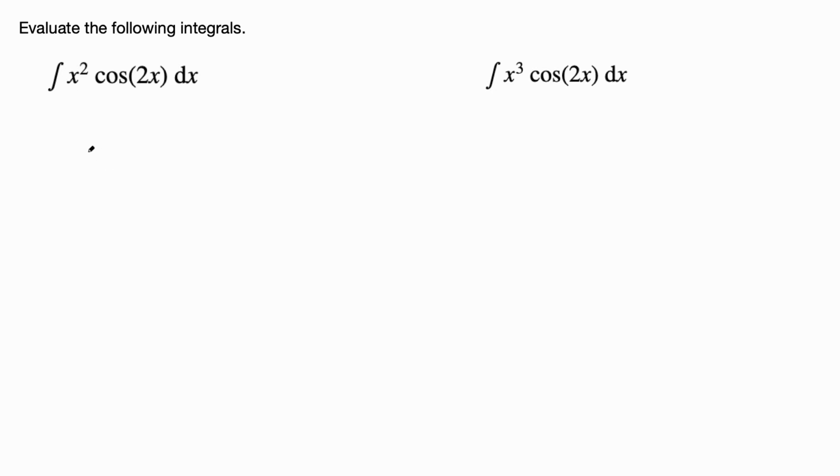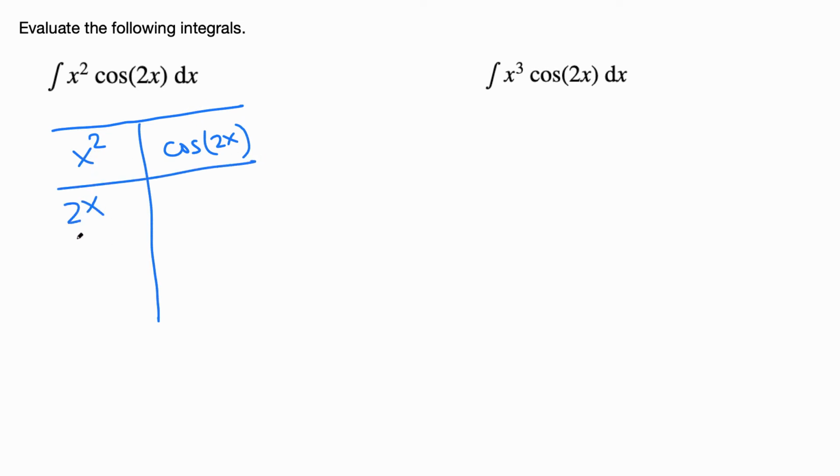We write u first, then the remaining function, dv, cosine 2x, in the second column. Now we take the derivative, which is 2x, and the derivative one more time, 2, and finally it's 0.